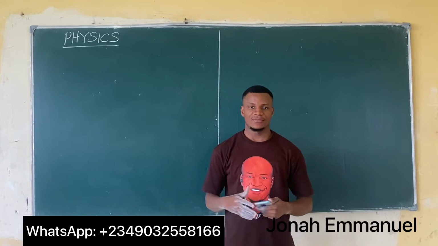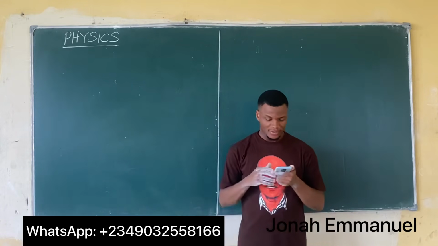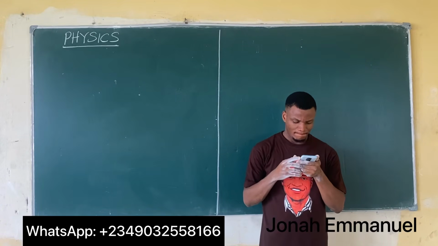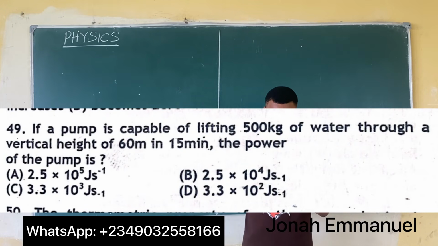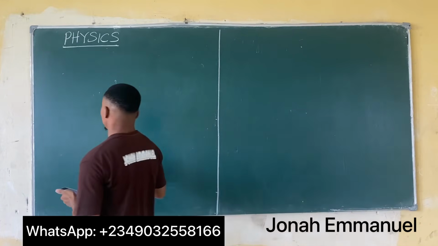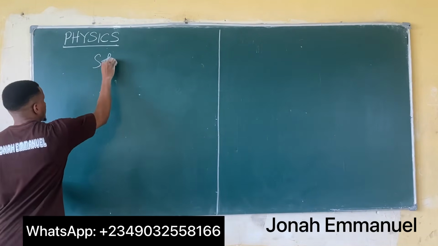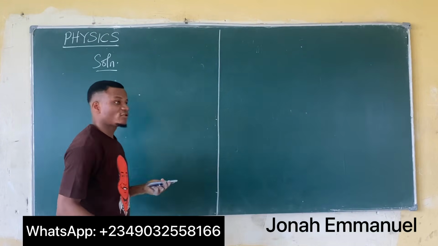So take a final example on pressure. The question says if a pump is capable of lifting 500 kilograms of water through a vertical height of 60 meters in 15 minutes, the power of the pump is, so you have your options there. Let's get this done. Solution.